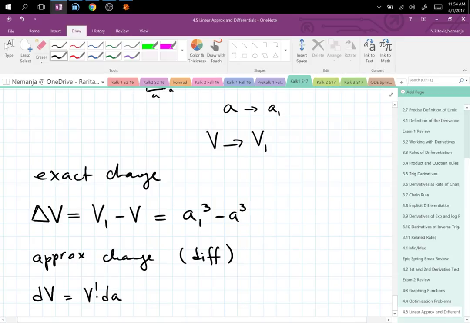So that's the difference between these. You can always calculate the exact change if you calculate the formula using the old number, using the new number, and subtract them. The differential is done to avoid that calculation, because the approximation is good enough for use, and we use it instead.